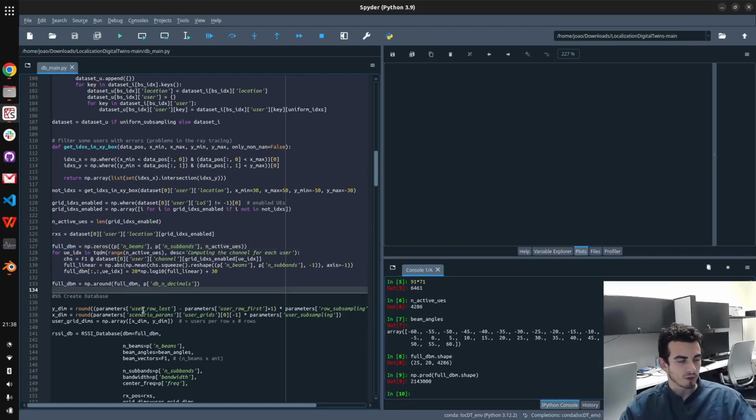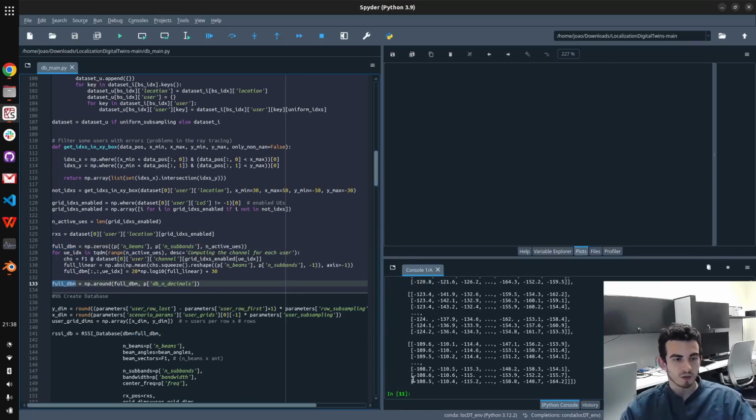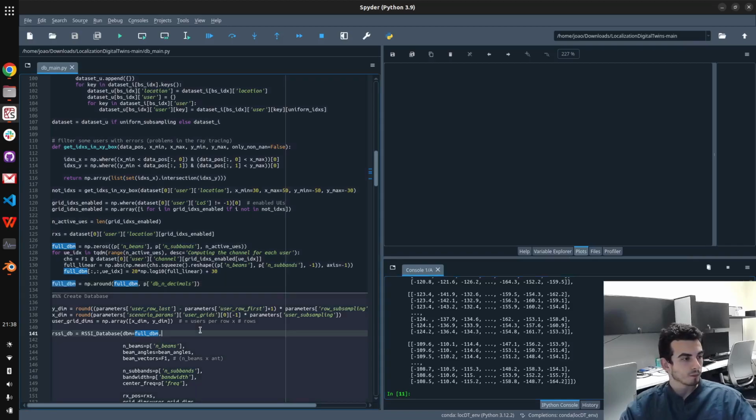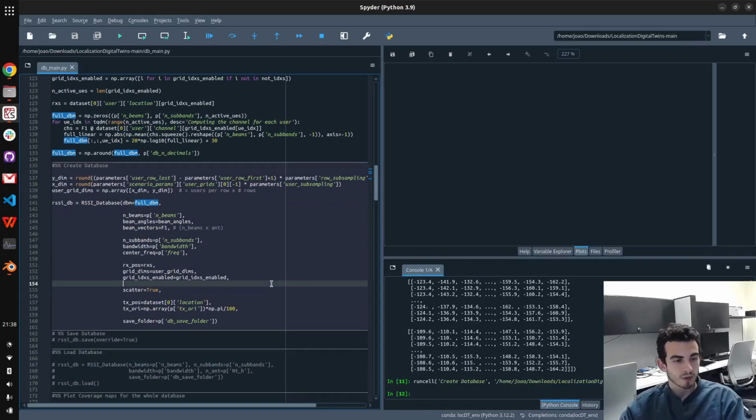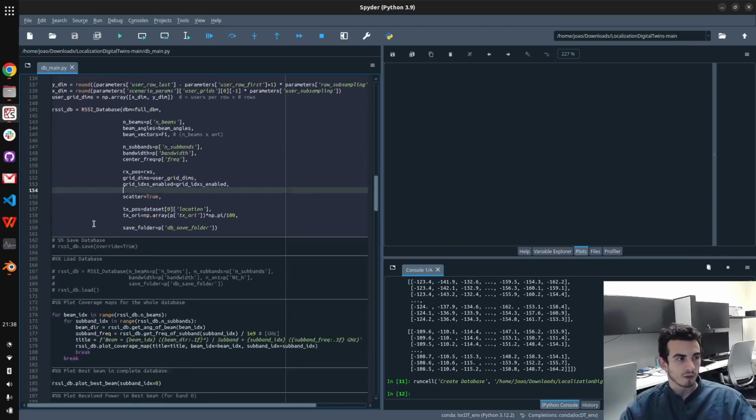Just so you see, these are our RSS values in dBm with 1 decimal point. And so we run this to create our database, which is a structure that is going to help us make some computations.